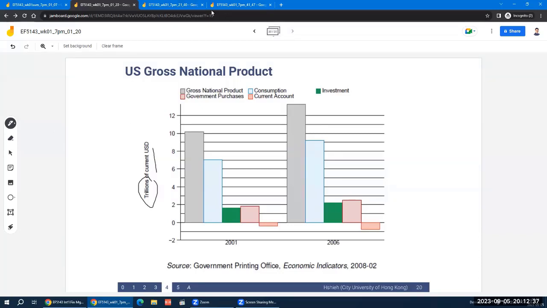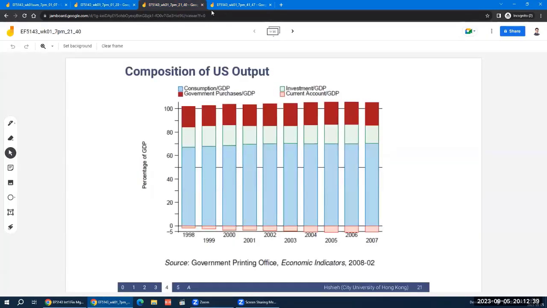If you want to look at these components in proportion to GDP, we can. The takeaway from this graph is actually this part and this part. You should notice that as a percentage of GDP, the US can consume beyond what they produce.